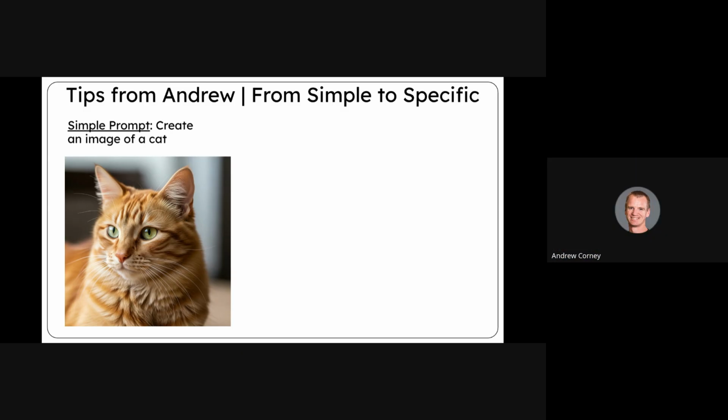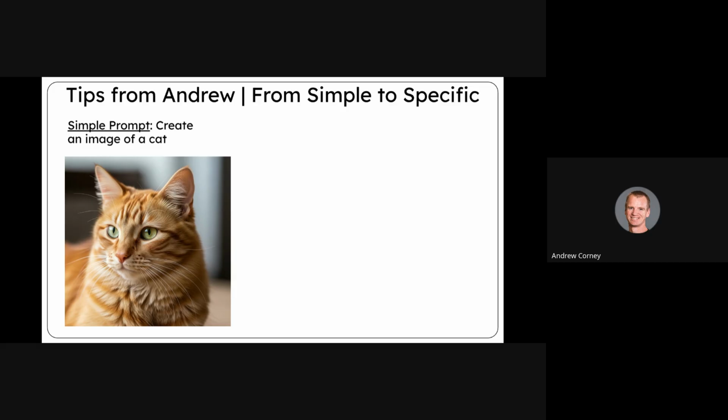They're pretty straightforward. In terms of image generation and being creative with your AI image generators, they're pretty good now at starting with a very simple prompt, like create an image of a cat, and you get a pretty good image of a cat. But the better you are at prompting, the better output you get.